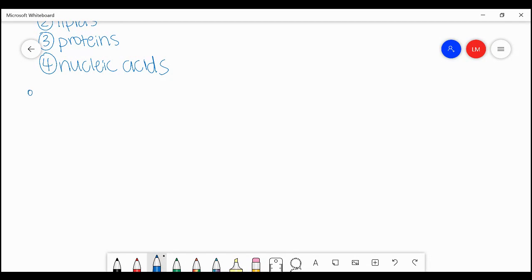When I say organic, that means it is made of 2 or more carbons. Generally, there are some exceptions to that rule, but we will save that for when you take chemistry.